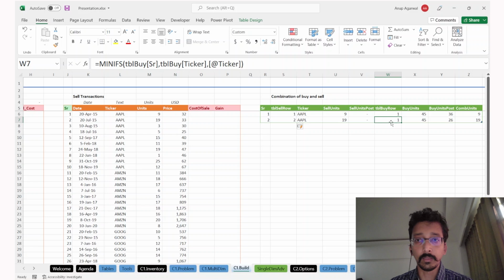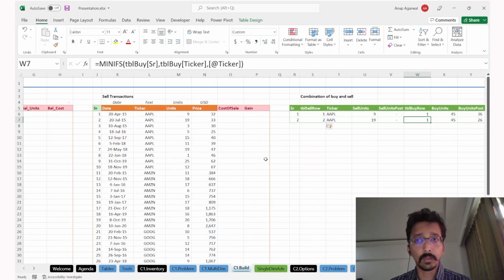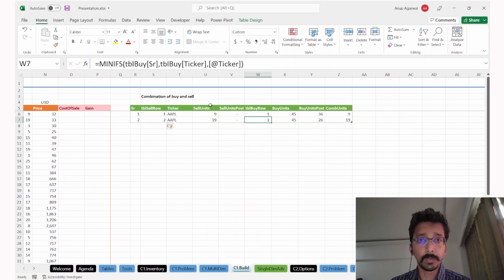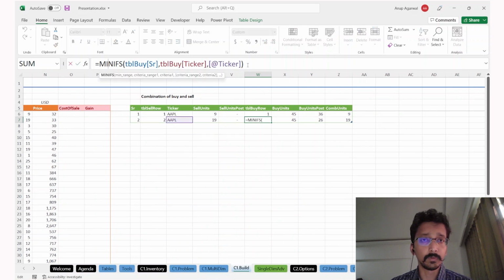Let's now look at this. So the first buy row is what we want to work with. But it is not because it is the first row. It is because we still have balance and it is the same stock.